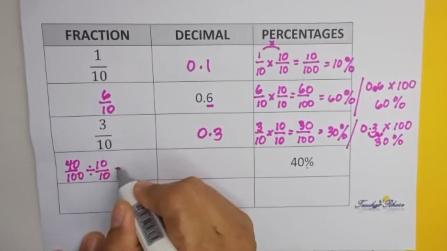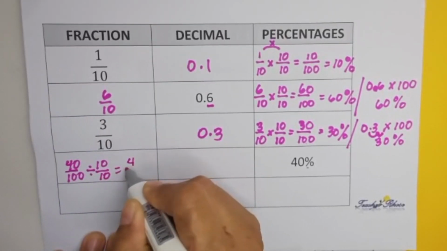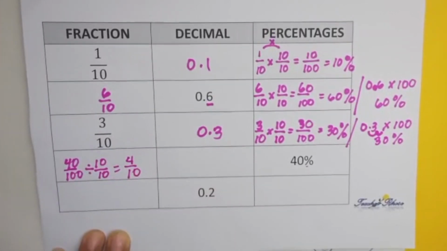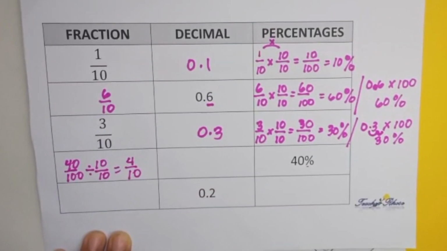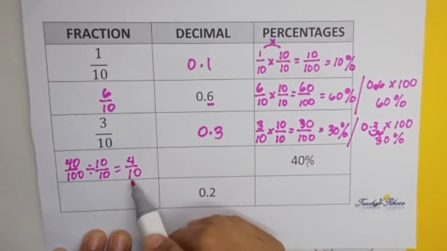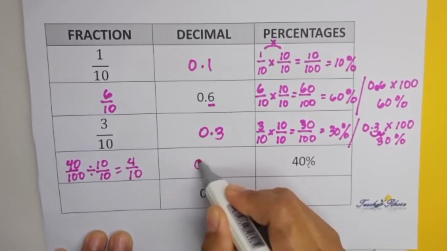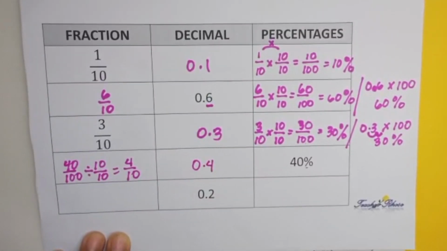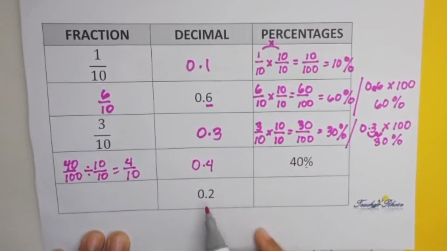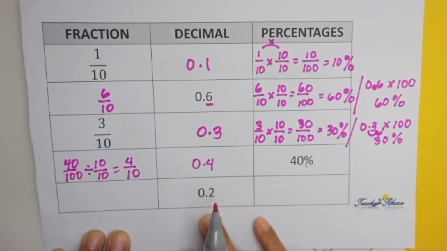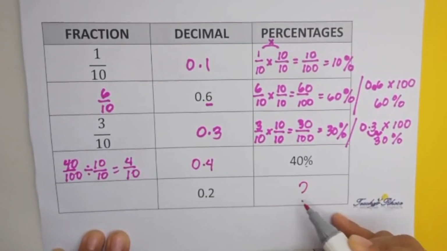So 40 divided by 10 gives you 4 over 10. Take note, I have a base of 10, that will give you 0.4 or 0.40. As for 0.2, I'll just leave it for you to practice at home.